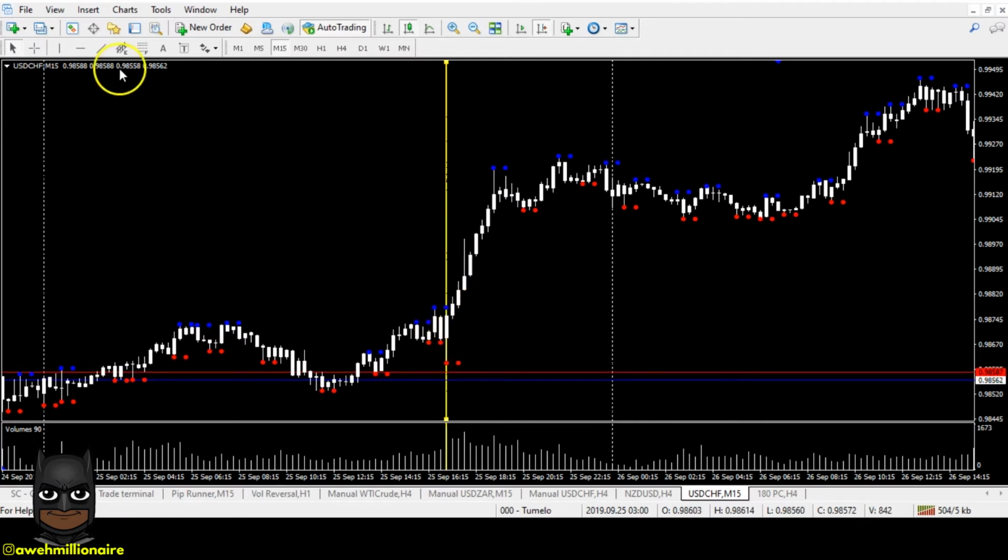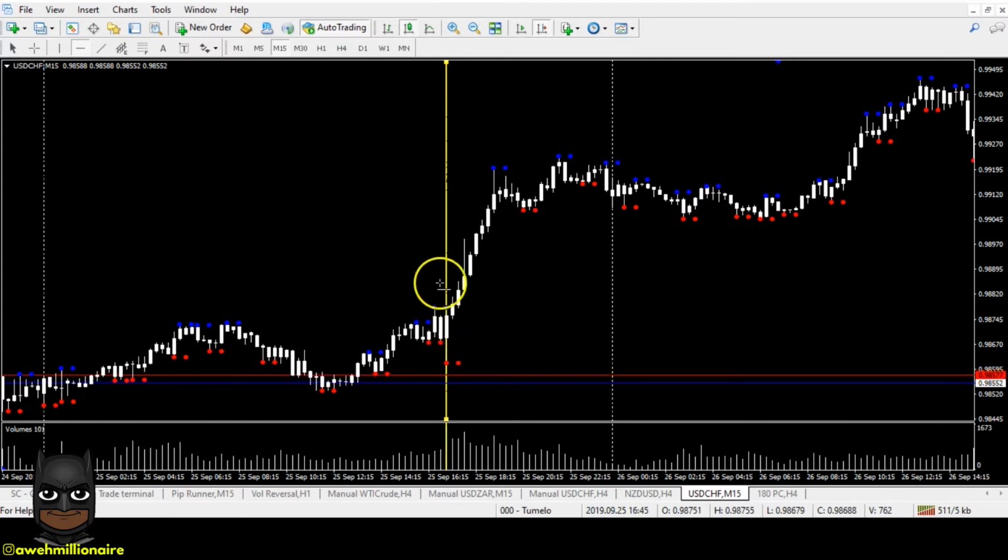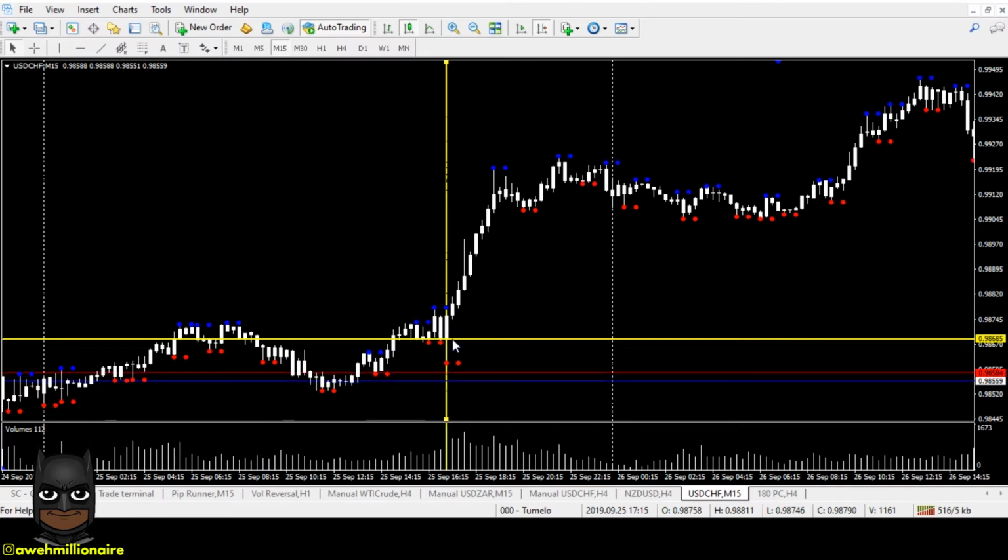And then we use our horizontal line, and as I said, you draw the horizontal line on the opening price of the candle with the high volume. So we already know which candle has the high volume with the assistance of the vertical line, and we simply place the horizontal line on the opening price of the candle with the high volume, and this is on the 15-minute time frame.